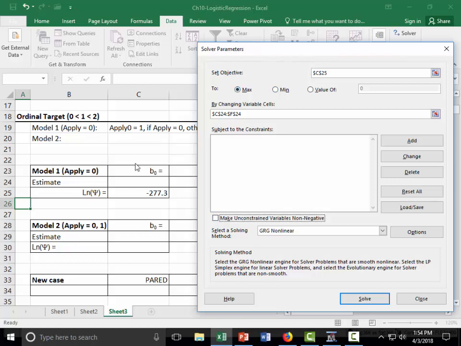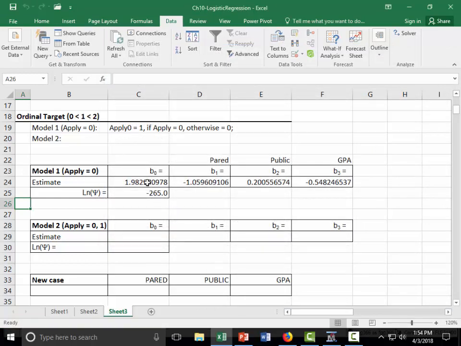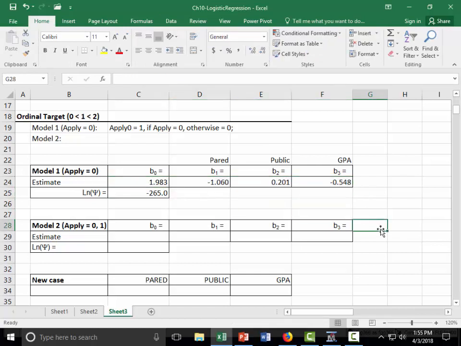So maximize the likelihood function and determine the values for the B coefficients, and so we have an estimate. So that is model 1, where the target is apply 0.